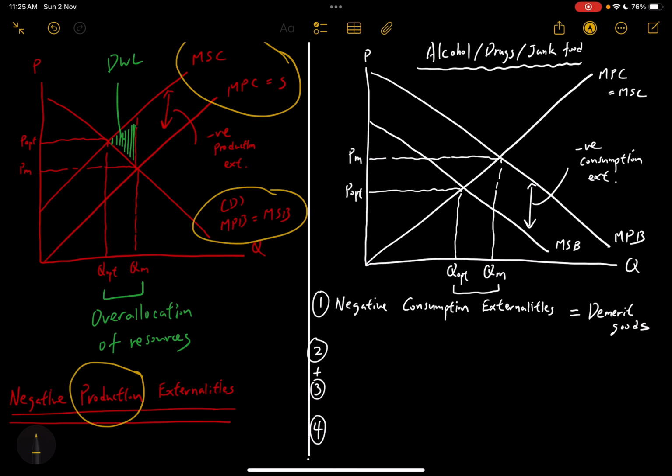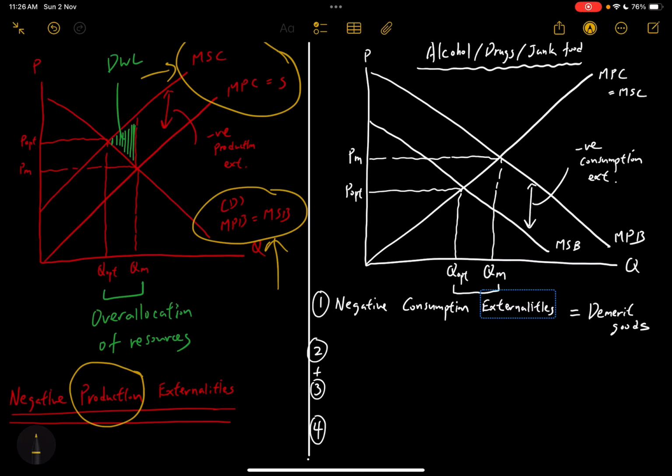So if something is caused by production, then you would focus on the supply side. If something is caused by consumption and therefore your market failure, then you would look at the demand side. Okay, so now let's get into our topic of today.